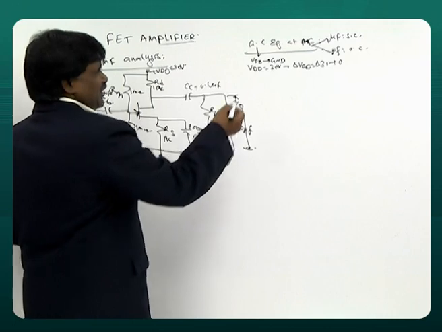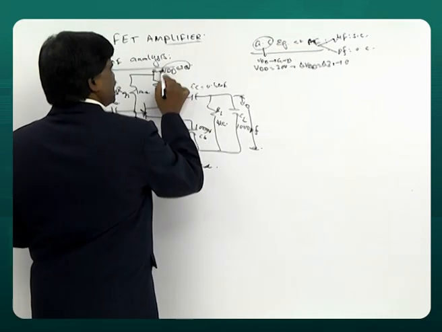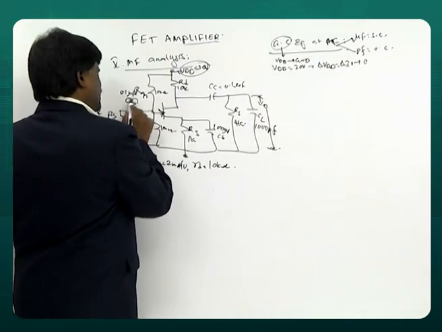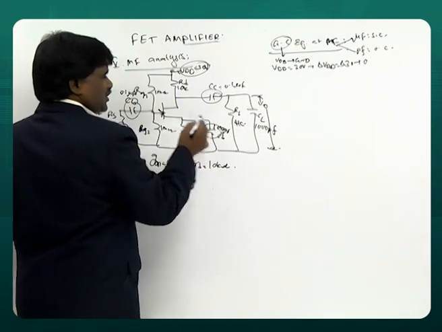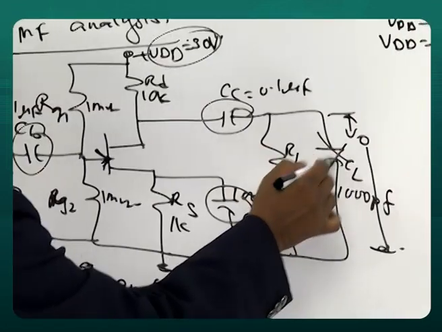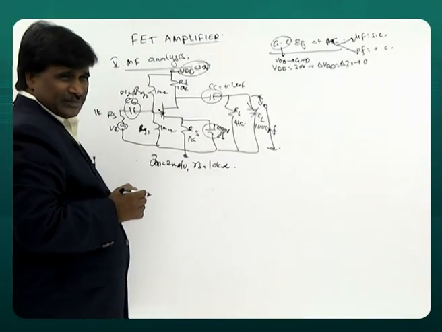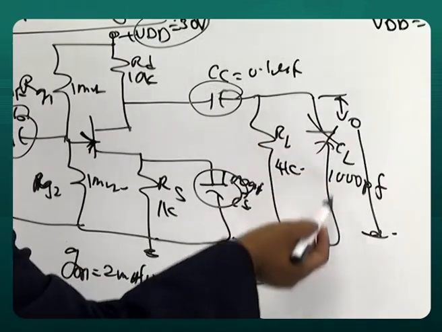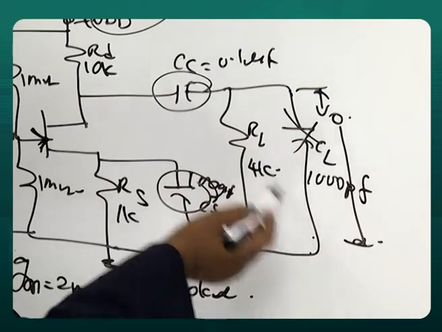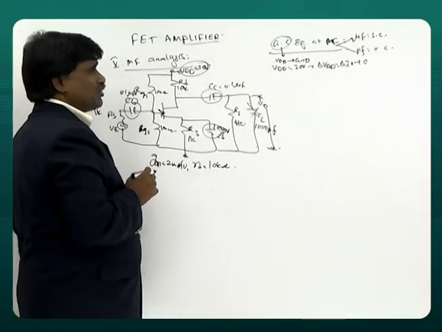The first one is AC means the supply is grounded. Second, microfarad shorted, this is shorted, this is shorted, this is shorted. And thirdly, picofarad open. Remember, by mistake, if we say it is short circuit, that's not valid because output is 0. Picofarad is open, microfarad is short.